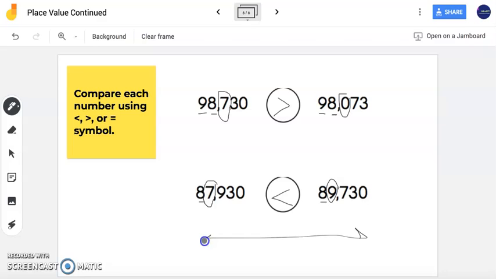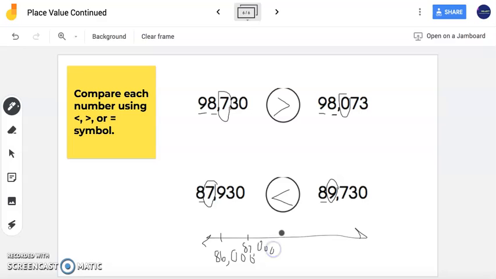So here, let's take this and we're going to have, let's do 86,000. And now we have 87,000. And notice 87,000 would be pretty close to my first number.